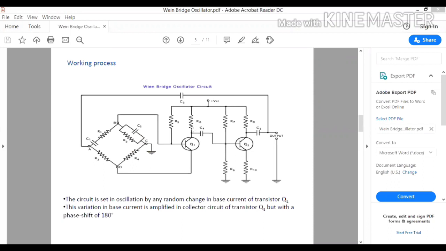So the output of the transistor Q1 is fed as an input to the base of the transistor Q2 through the C4 capacitance. At this point, another 180-degree phase shift is produced by the second stage transistor.